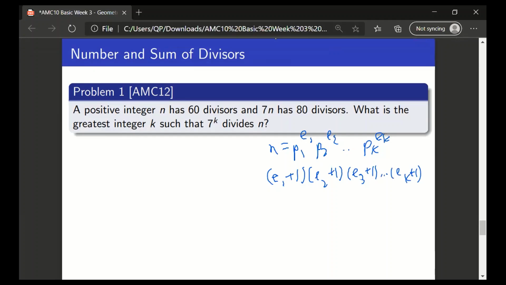And that's the number of divisors there are. So you can now try problem number 1.